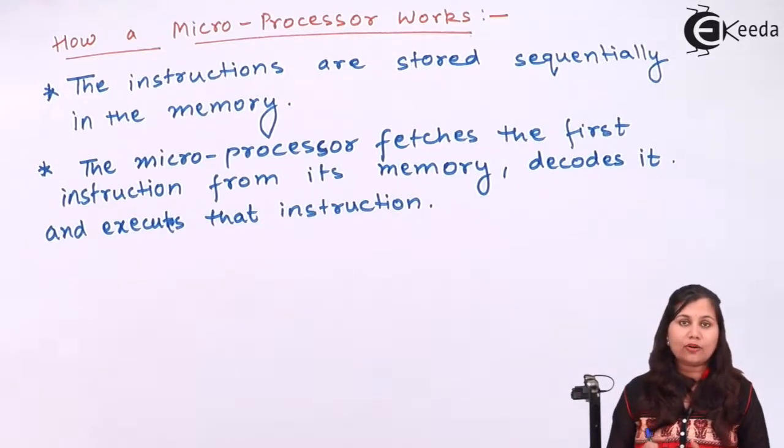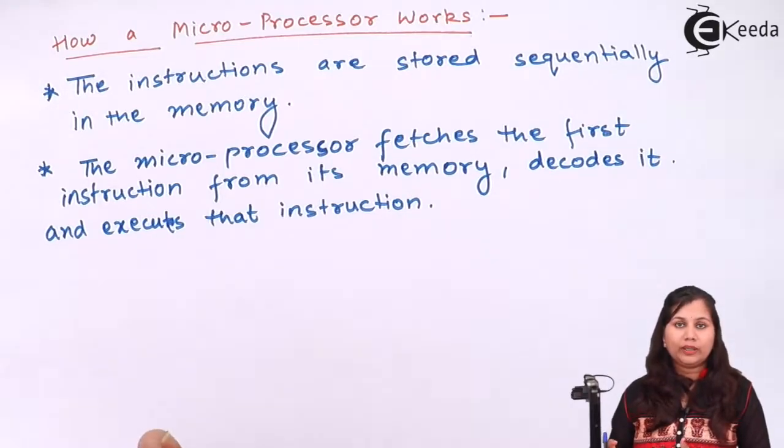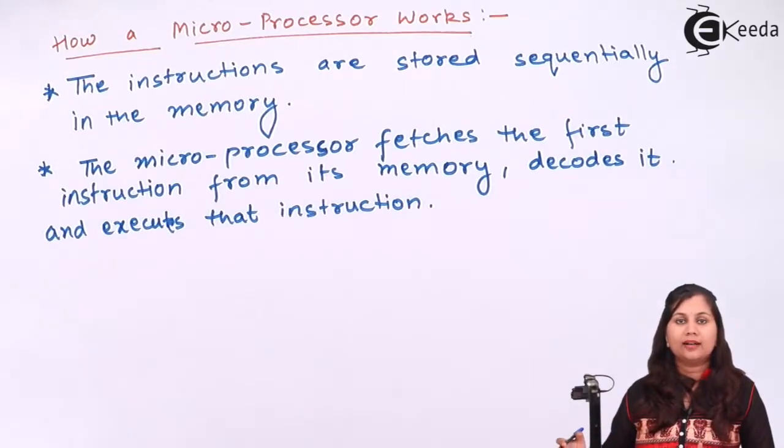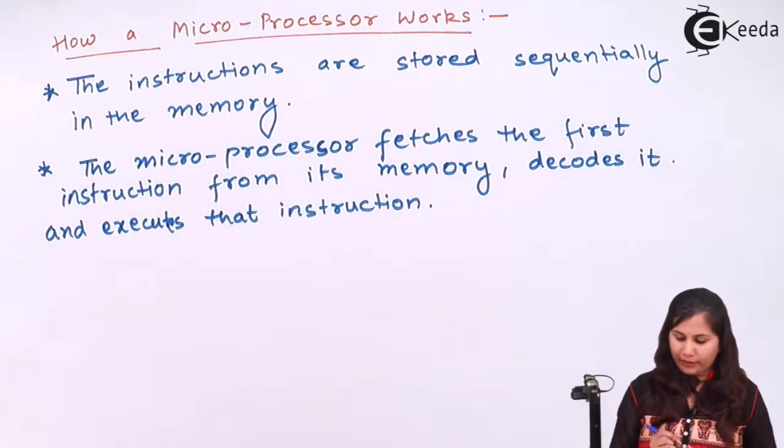This cycle of fetching, decoding and executing will go on till the microprocessor reaches the last instruction of the program, showing that the program has ended, and now the microprocessor has to give the result of the program.